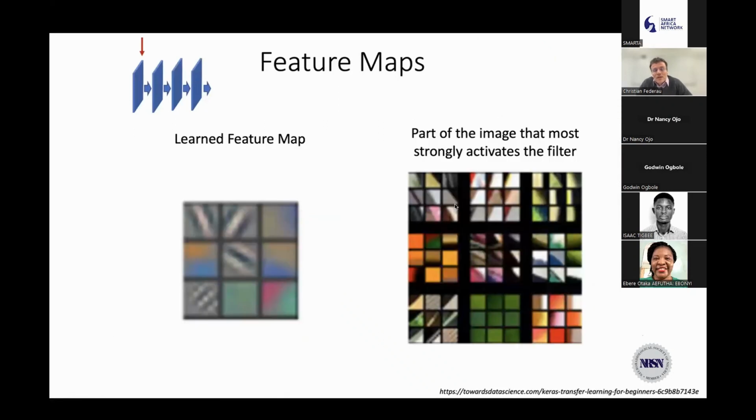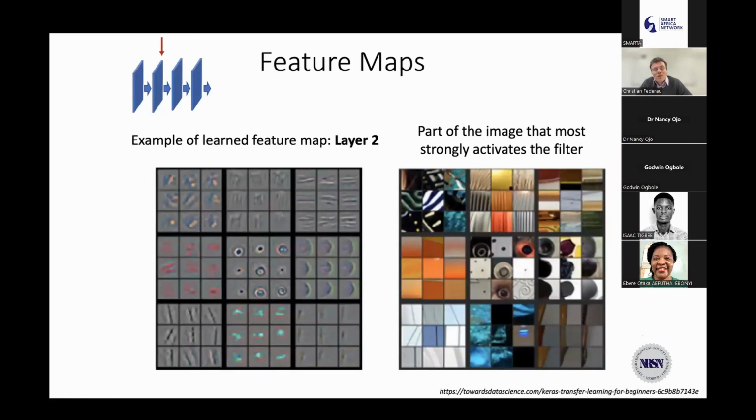Then the deeper you go, the more complex structure you're going to see. So that's also why it's called deep learning, that you have several depths in your network, and the deeper you go, the more complex structure you're going to see. And so see, this is already more complex structures in the second layer.